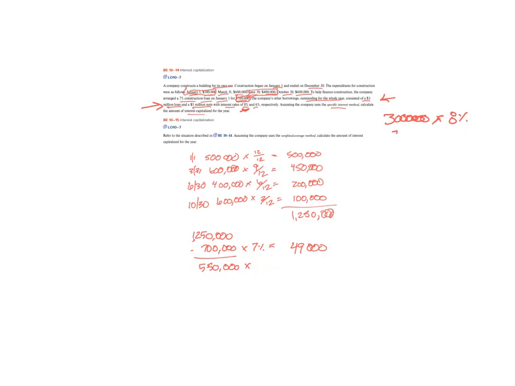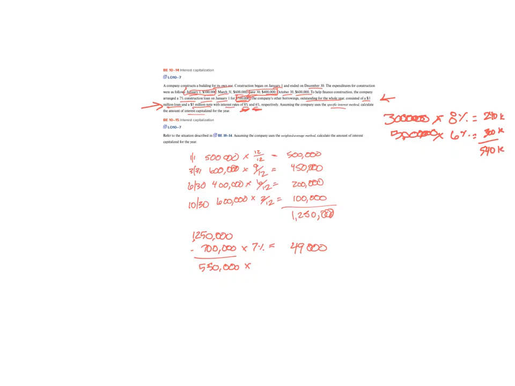And then we'll take $5 million and multiply that by its interest rate of 6%. Again, that's given to us right here. This gives us amounts of interest of $240,000 and $300,000. Sum these up to give us a total of $540,000.